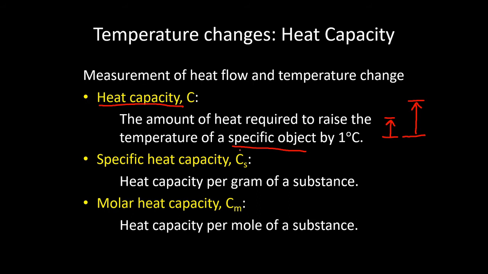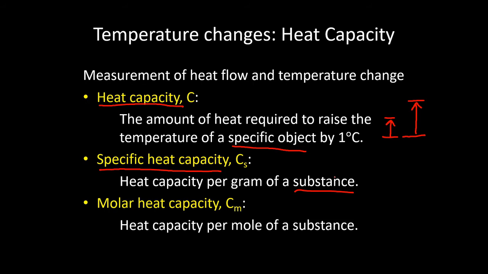And so instead, what we've done is we use what we call the specific heat capacity. And the main difference here is that instead of defining a heat capacity for an object, the specific heat capacity defines the heat capacity for a substance. So instead of measuring the heat capacity of a beaker, you could instead say, I know the specific heat capacity of the glass that is used to make these beakers.